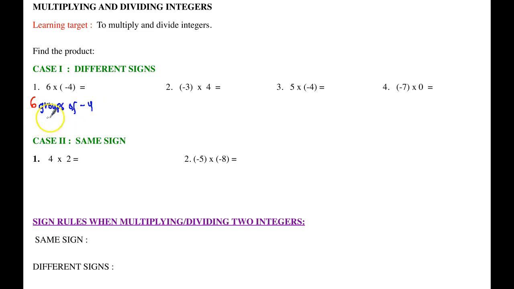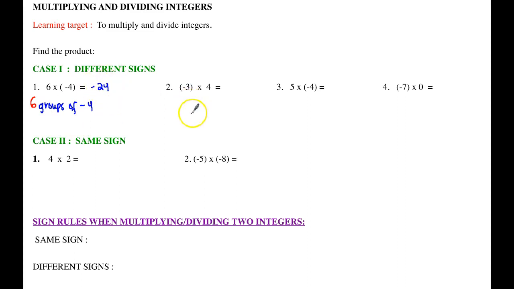So you have negative 4 plus negative 4 plus negative 4. I'm not going to write it down here, but you know what it is. When you have 6 groups of negative 4, that means you have negative 24, right? Because if you do negative 4 and then you have 6 of that, you keep on adding it, you will end up with negative 24.